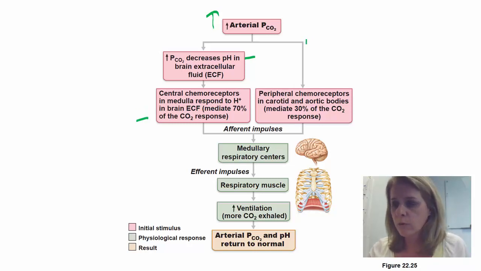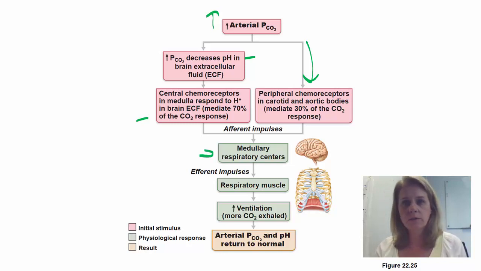You're also going to have peripheral chemoreceptors that are picking this up as well. They're going to send information to the medullary respiratory centers. They're going to increase their efferent impulses, their response out to the respiratory muscles, causing the muscles to contract harder and faster so that you breathe bigger and deeper, and you get rid of more CO2.